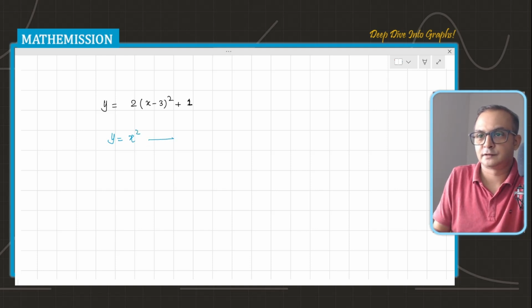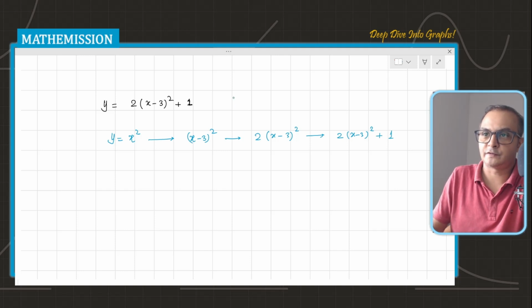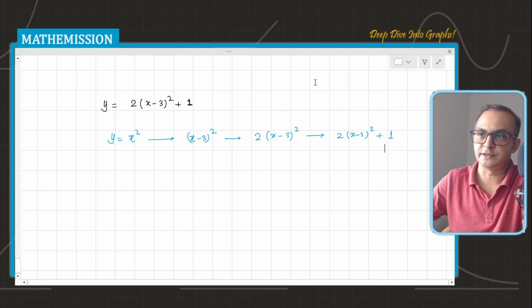From there I need to draw the (x minus 3) the whole square first. From there I am multiplying this 2 from outside, and from there I am adding this 1 from outside. So this whole effect we have to understand from this x square graph, the basic.